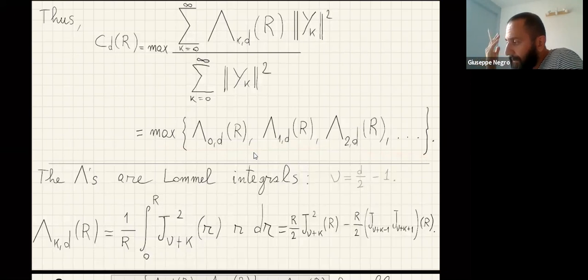And that's not all. Moreover, these coefficients, I haven't written how I computed them, but it's a classical computation using polar coordinates and the Fourier transform. You can imagine that Bessel functions will come out.